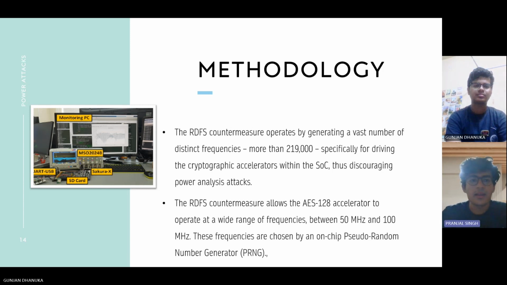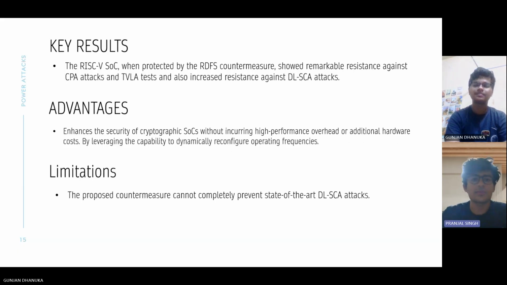Let's go to the next slide. Some key results of this paper. The RISC-V SoC, when protected by the RDFS countermeasure, showed remarkable resistance against CPA attacks and TVLA tests, and also increased resistance against the DLSC attacks. So basically, when the RDFS countermeasure was introduced in the RISC-V system on chip, it showed remarkable resistance against the correlation power attacks.